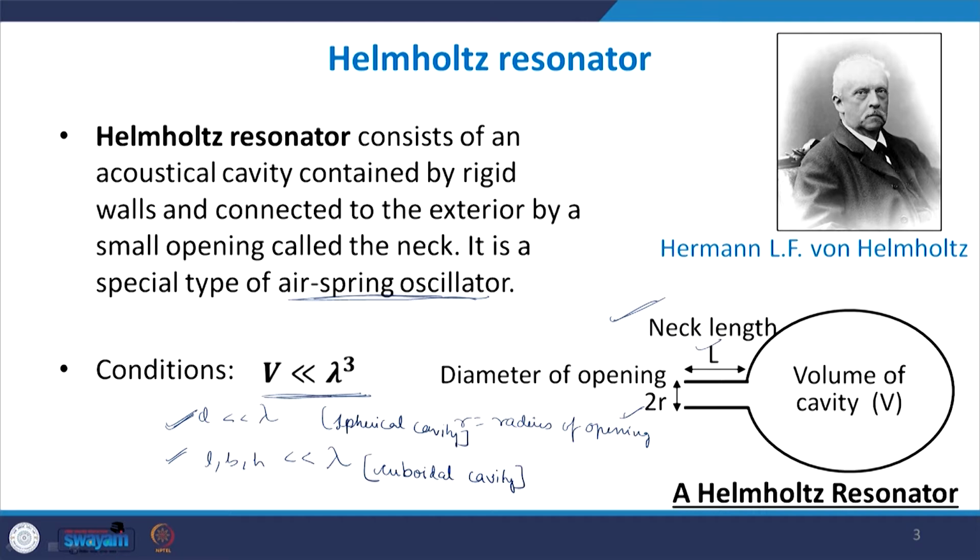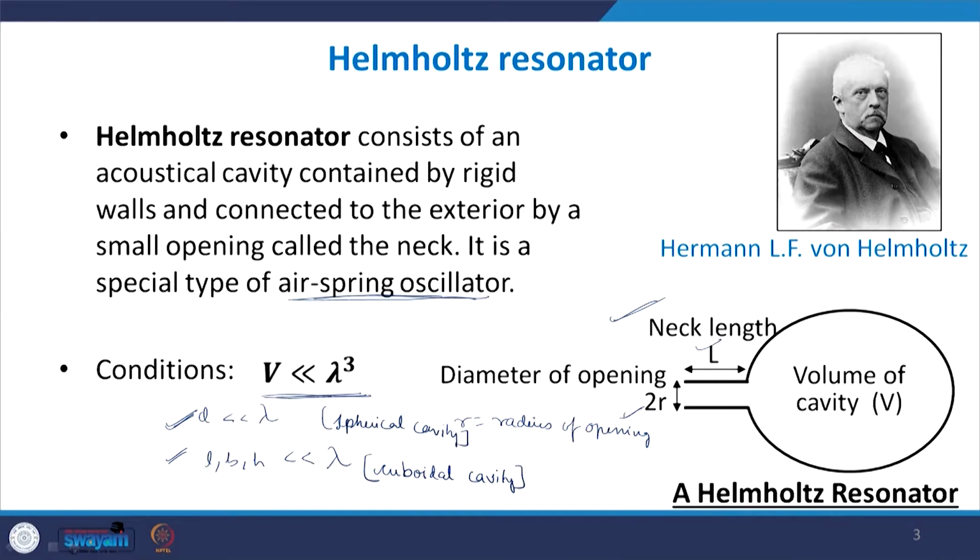Now, as you know, the wavelength is inversely proportional to frequency. So, if we construct a small cavity, then it will be effective for incident sound whose wavelength is larger than the dimensions of the cavity.